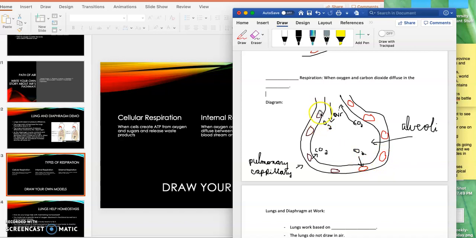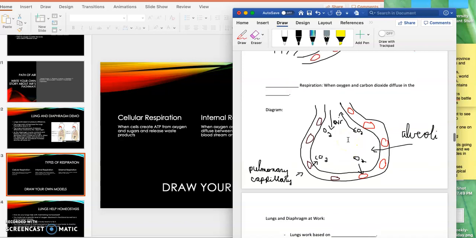So you can see here, this is the deoxygenated blood coming in. It's releasing CO2. The air that's come in has brought fresh O2. O2 goes into our red blood cells and they continue back towards the heart. And then after that CO2 has been diffused into the space in the alveoli, it is taken out when we exhale.